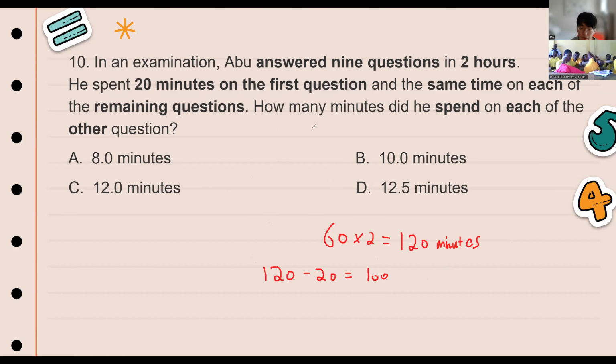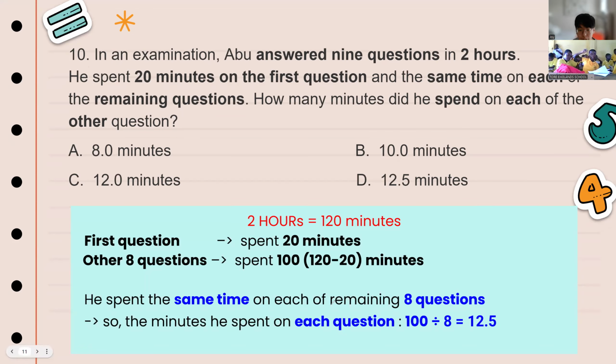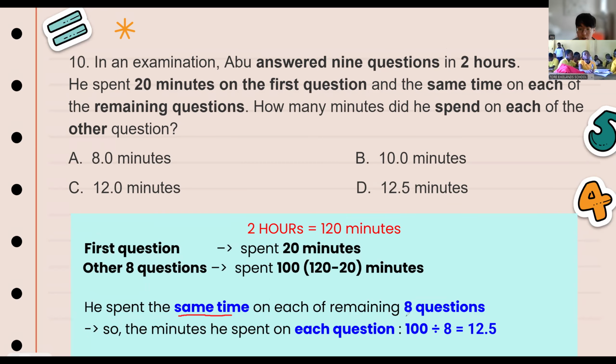So he solved the first question in 20 minutes, but he had 8 more questions left. So here is how we can solve this. He spent the same time on each of the 8 questions.